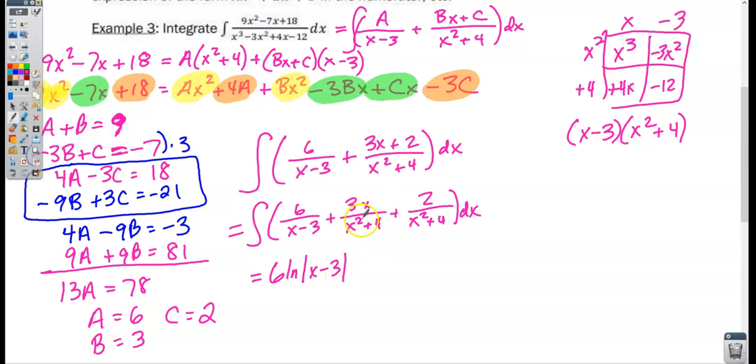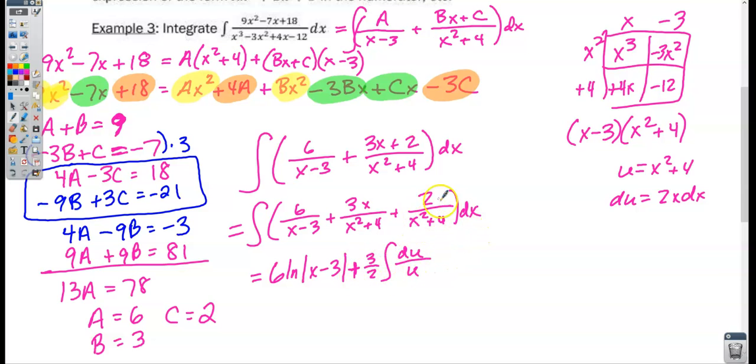This one, I'm going to use a substitution. So I'm going to use u equals x squared plus 4. So du is equal to 2x dx, which makes this the integral of 3 halves. I should put that 3 halves out in front. Plus 3 halves the integral of du over u.